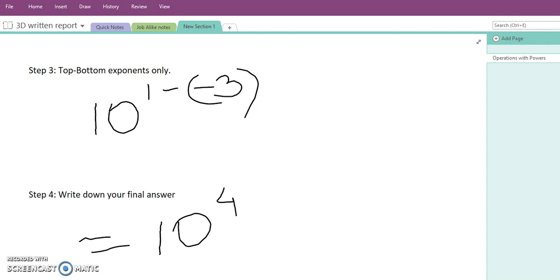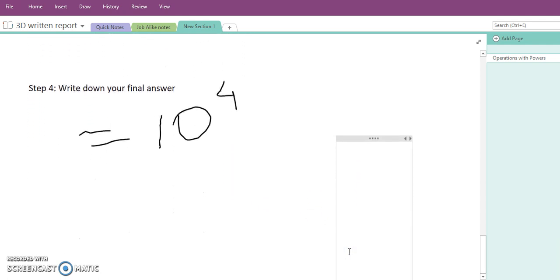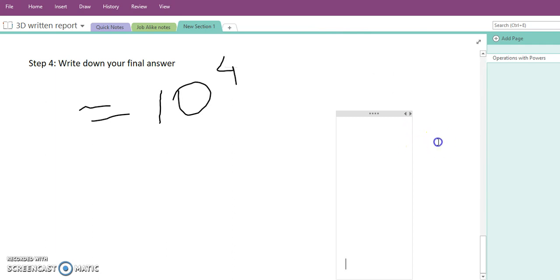Are there any other rules for our exponents? Sure, there are 2 more. But those rules are extremely simple and very self-explanatory. So rule number 1, what if you don't have a top in your fraction? What if it's a 1?